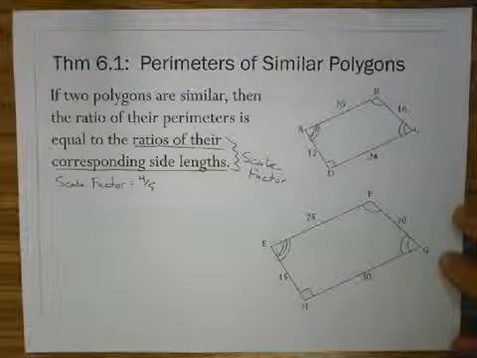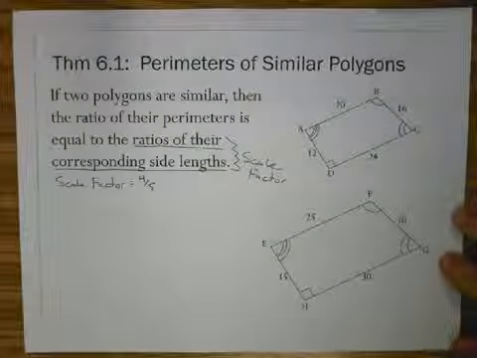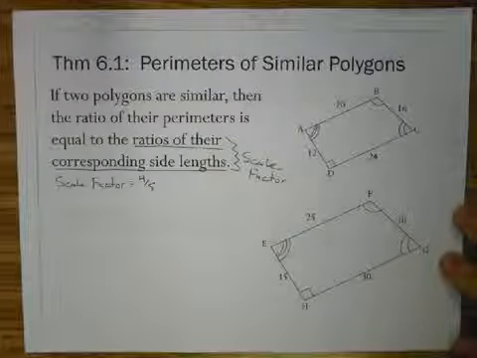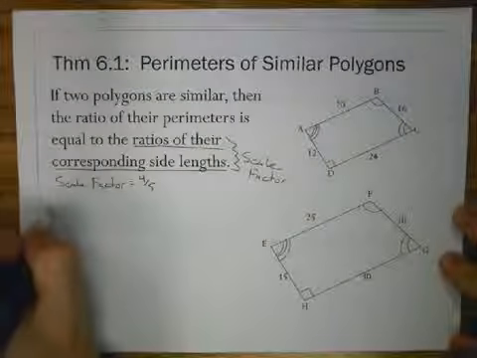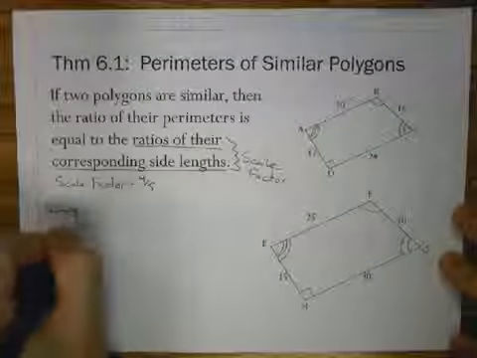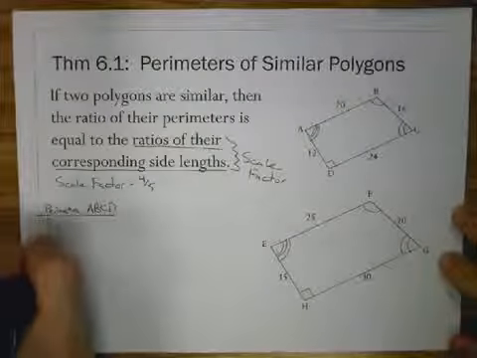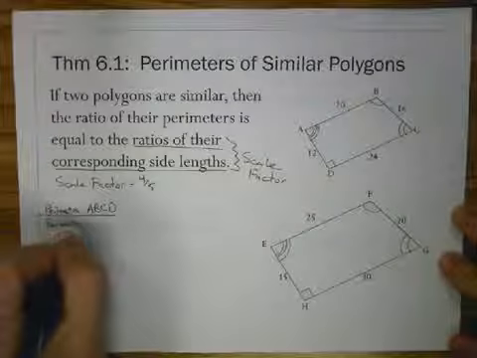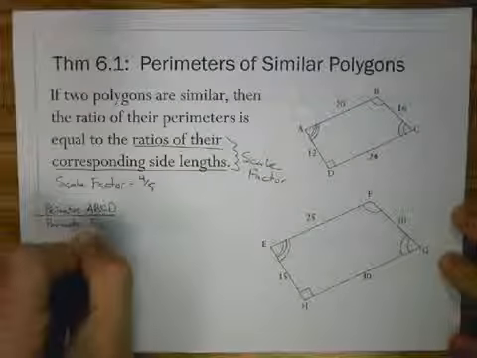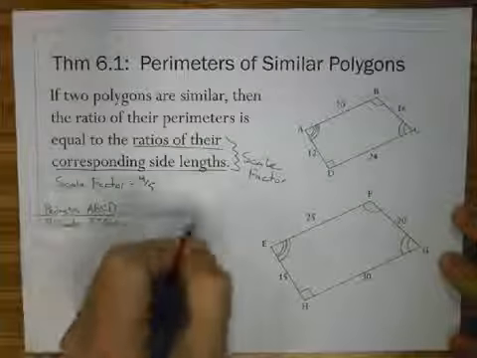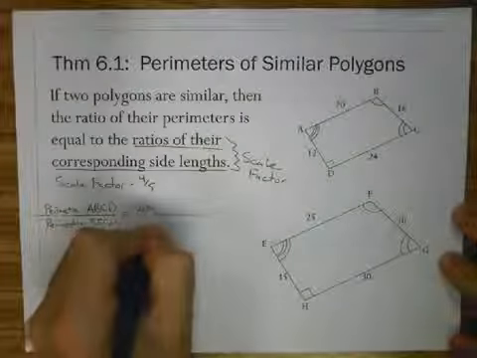What I was just getting to is that earlier we said this is what we call the scale factor. So we already did this, and we said the scale factor for this one is in fact 4/5. So what this theorem is saying is that if I took a ratio of the perimeters of A, B, C, D and E, F, G, H, it would have the same ratio as the scale factor. It would be the same.